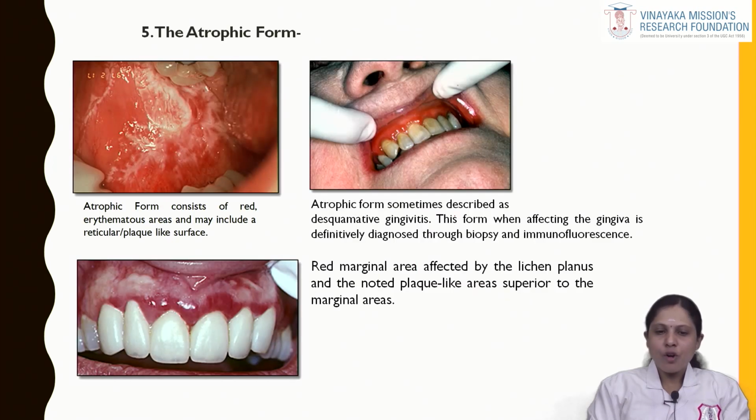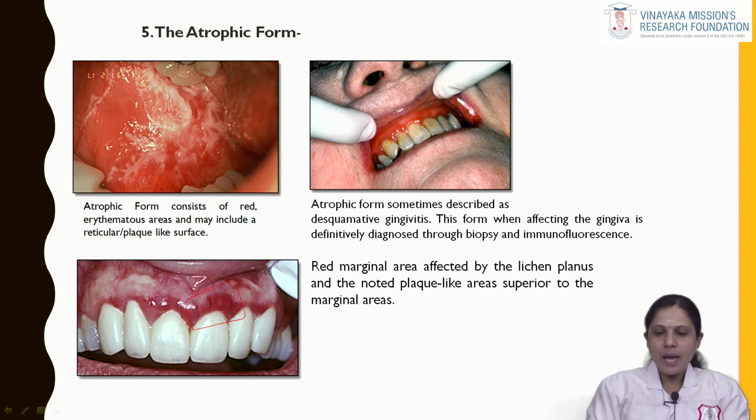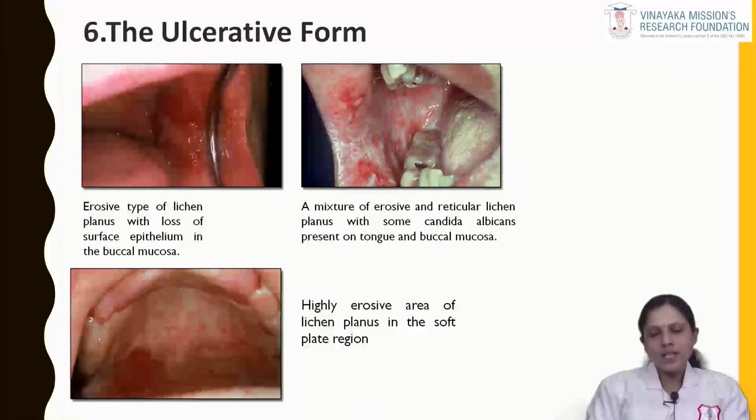Followed by the atrophic form of oral lichen planus. It consists of a red erythematous area and may include reticular or plaque-like surfaces, and the red margins affected by lichen planus and the plaque-like areas superior to the marginal areas in this picture can be appreciated. The next is the ulcerative form. It is the erosive type of lichen planus with loss of surface epithelium in the buccal mucosa.